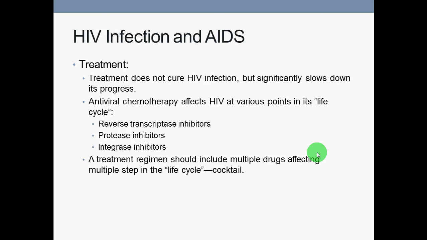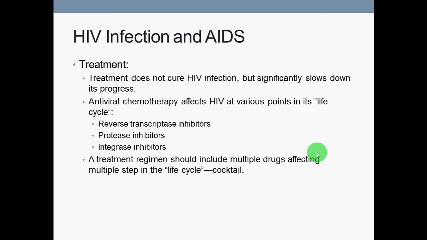Generally, a treatment regimen includes multiple drugs that affect multiple steps in the life cycle. So we call that kind of a cocktail. One drug is not enough. The virus can mutate and change to become resistant to that one drug.